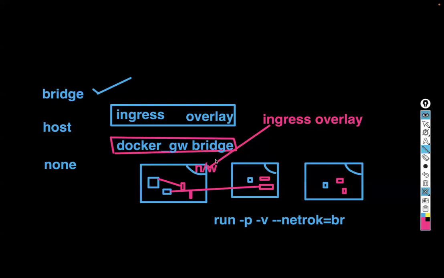Ingress overlay is like a top-up, a layer above the host specific networks, so that it enables communication between containers across the Docker hosts. I'm just explaining in layman terms. You don't need to learn networking for this. If this much is clear, that's enough. Understood this?